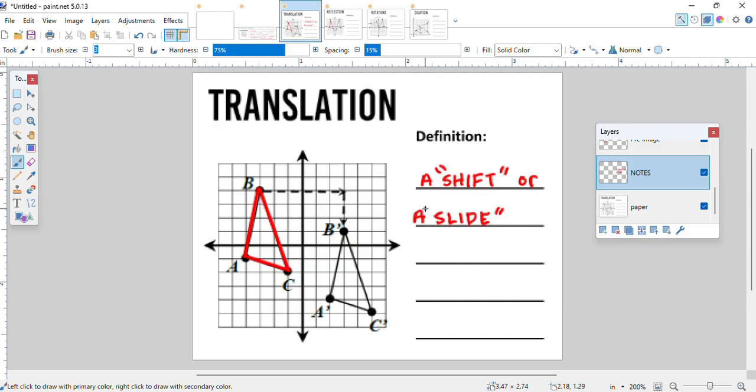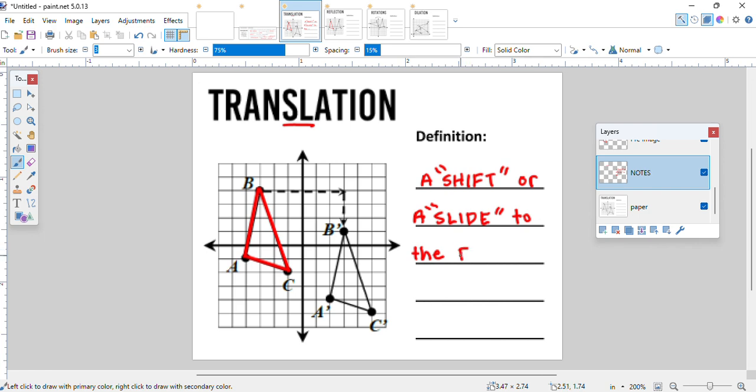Shift is the more accurate term, and it's how people will write about it most of the time. But the easiest way to remember is that you're sliding the figure, that's a translation. A translation is a shift or a slide of the figure either horizontally or vertically.